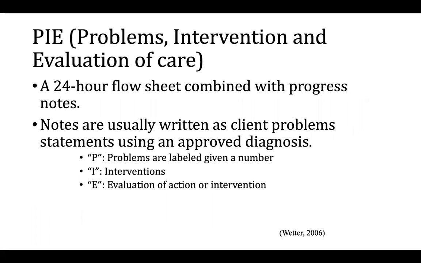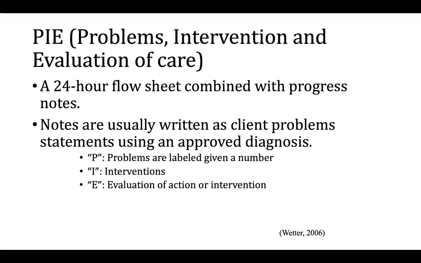And then there is the PIE note, so problem, intervention, and evaluation of care. This is a 24-hour flow sheet combined with progress notes. So with this, what you would be doing is really focusing on what the client's problem statements are and using an approved diagnosis.